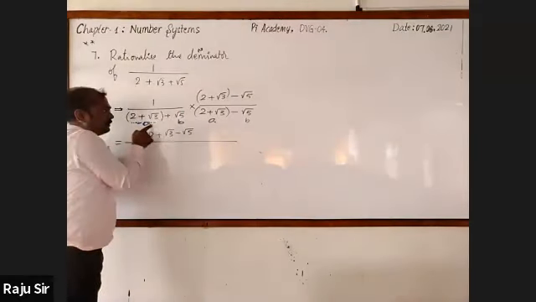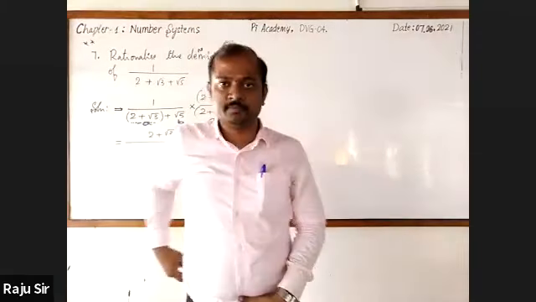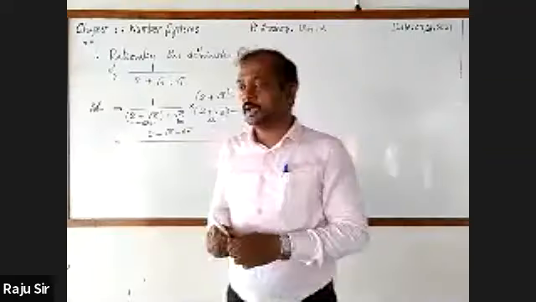Now it is of the form A plus B into A minus B. What is A plus B into A minus B? A square minus B square.